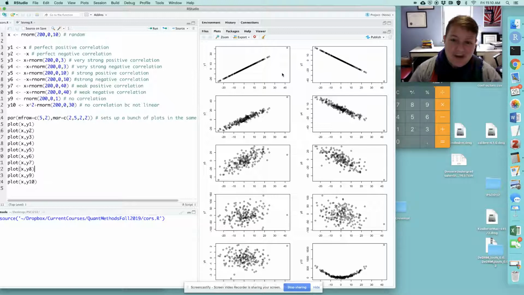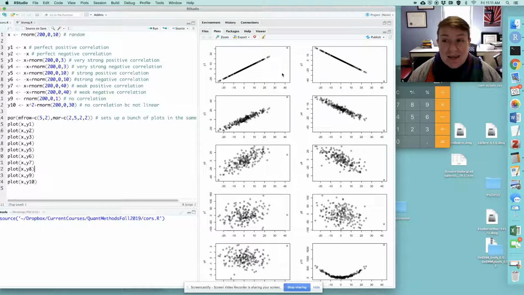In the second row, very strong positive and then negative correlations. In the third row, strong but not amazing. In the fourth row, extremely weak correlations. And in the fifth row, one correlation that is zero because it's truly unrelated, and one correlation that's going to come out to be zero because the relationship is not linear.